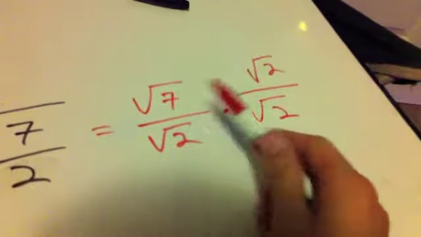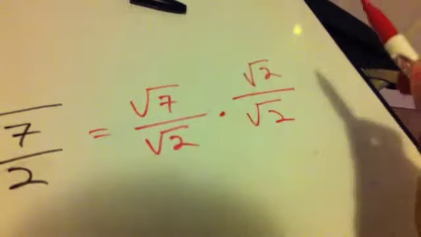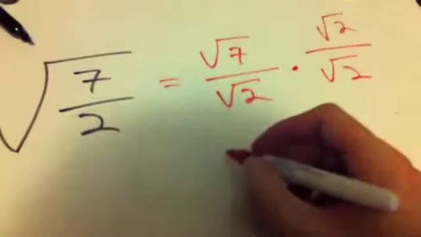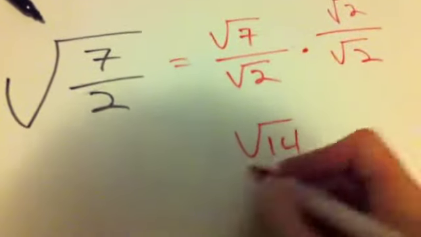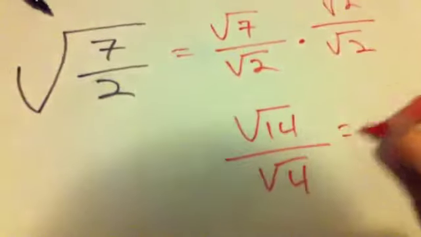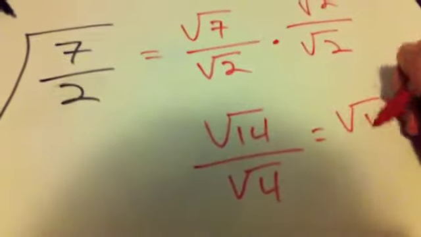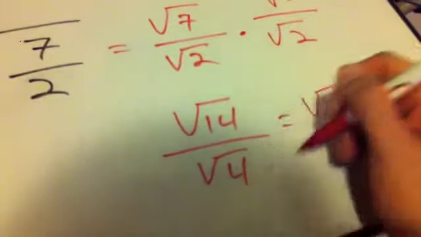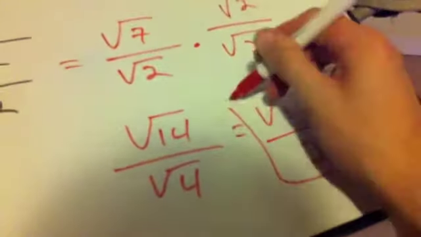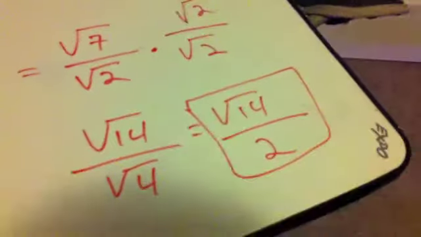And so this becomes 7 times 2, which is 14. And then 2 times 2, which is square root of 4, which simplifies. The square root of 4 is 2. And that will always, always, always get the radical out of there.